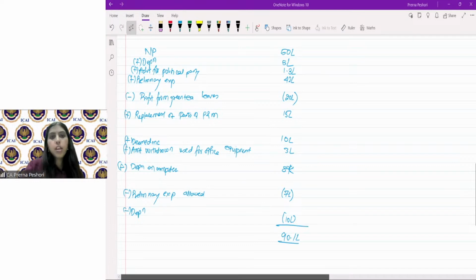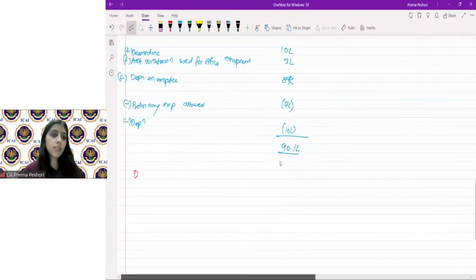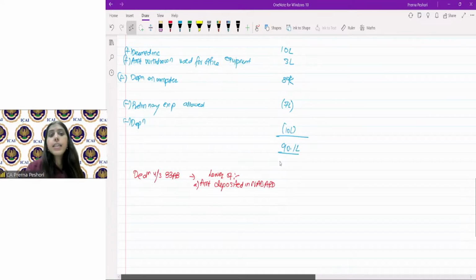Okay, let me tell you now. The assessee is entitled to the deduction under 33AB, which is the lower of the amount deposited in the bank or NABARD, or 40% of the profits.